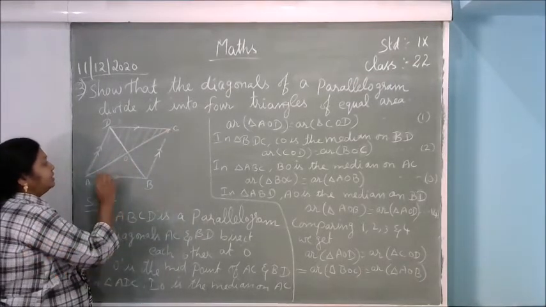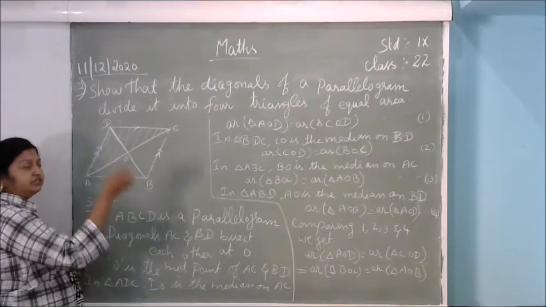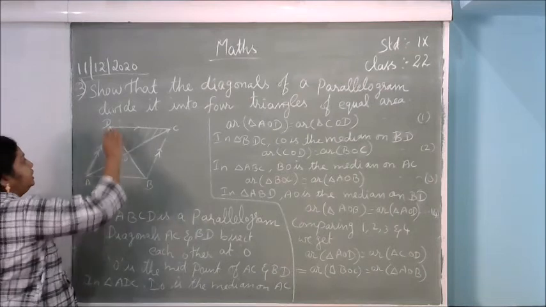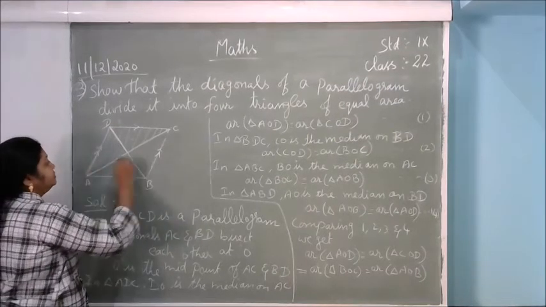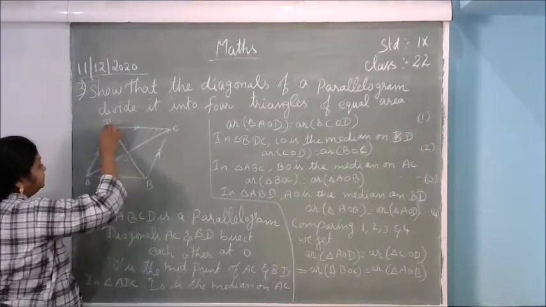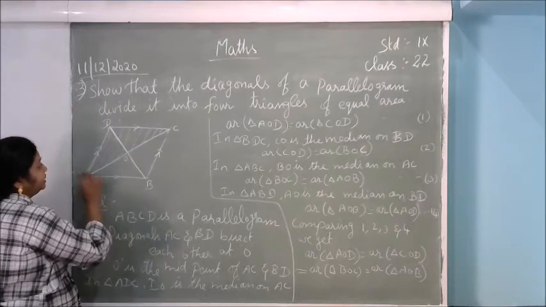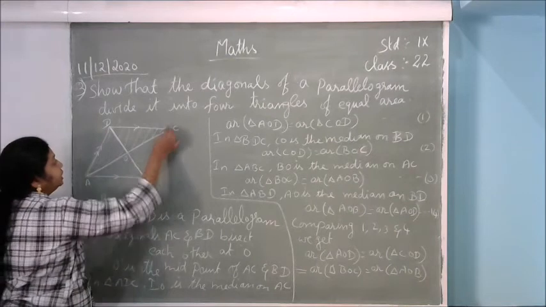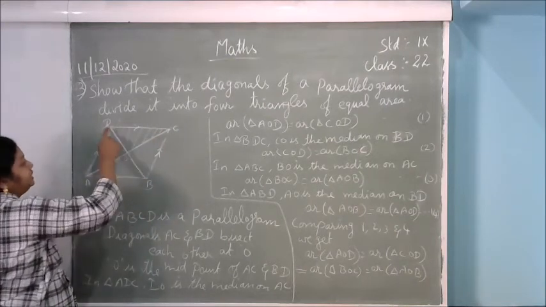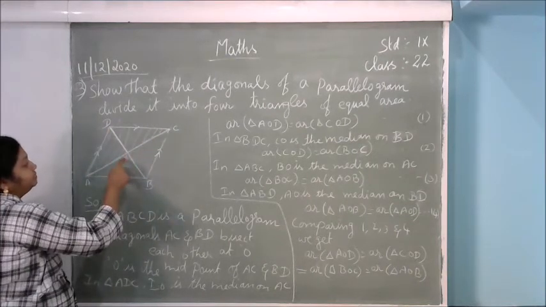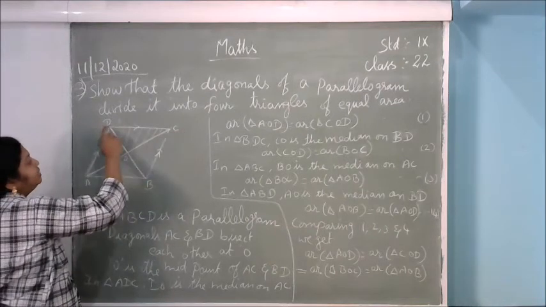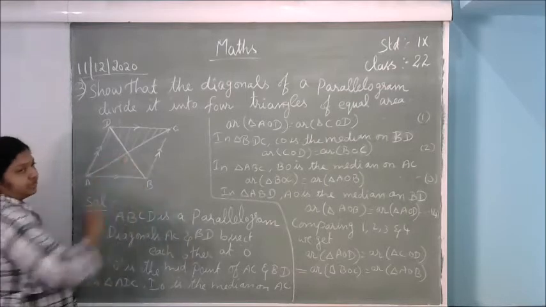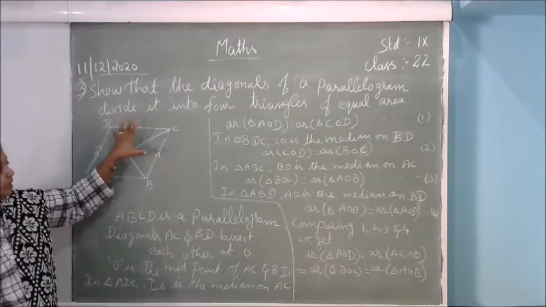Therefore, area of AOB is equal to area of BOC. In the same way, we take each triangle one after another. In triangle BCD, CO is the median, so area of DOC is equal to area of BOC. These two areas will be equal.